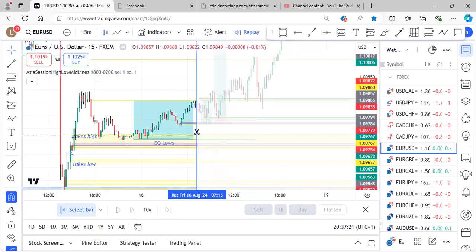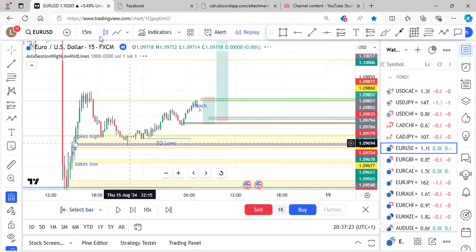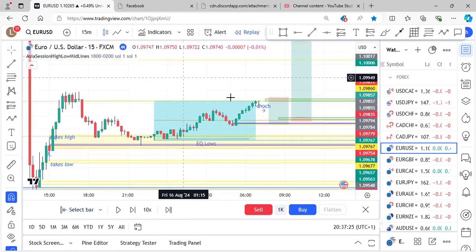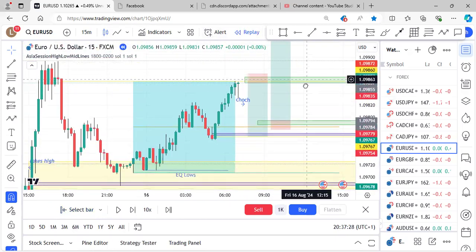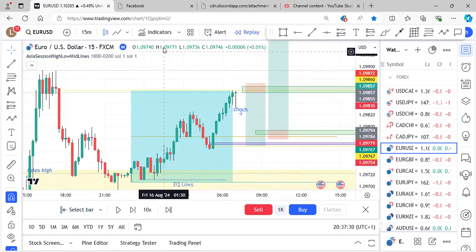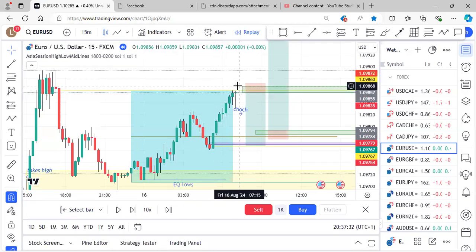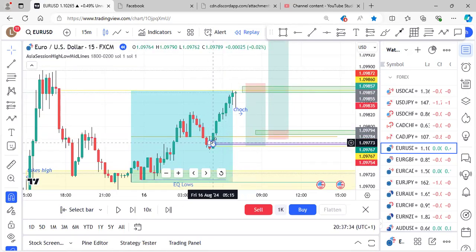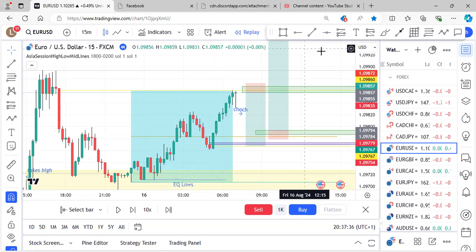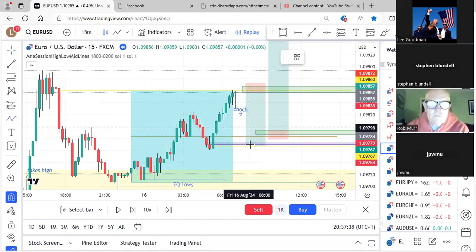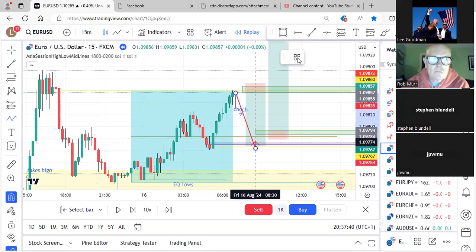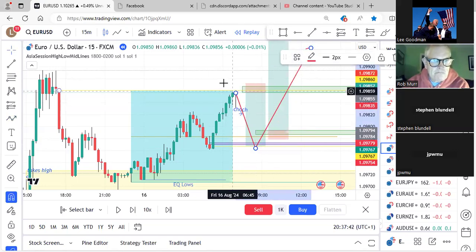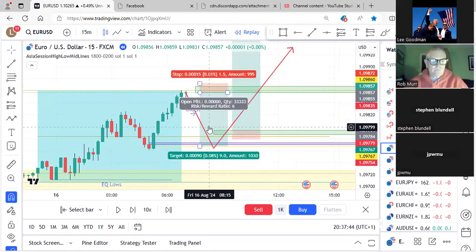I was, say from there, at this point here, originally thinking about a midline retest and then a continue long, which is what actually played out nice and cleanly.